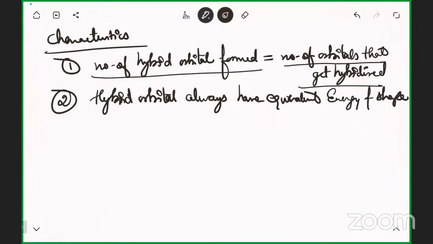Equivalent energy and shape. Okay. If I talk about the third point, which is also important, hybrid orbitals are more effective in forming stable bonds.